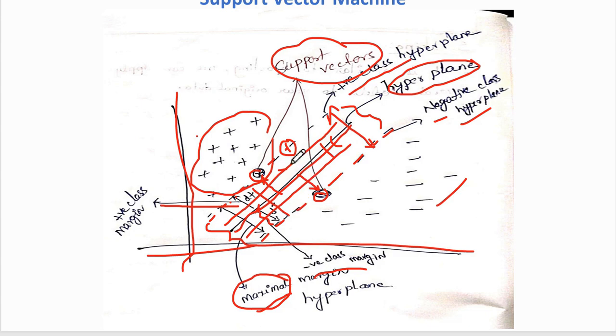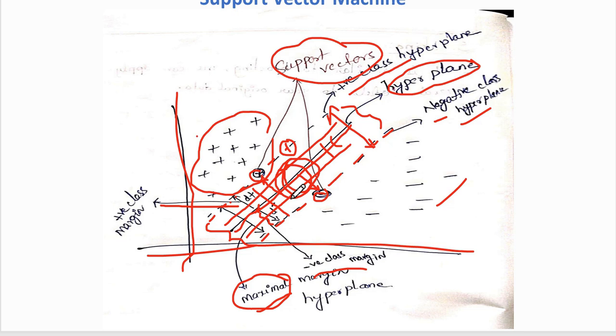If you consider this distance, there may be a chance of getting lower performance. That's why we are trying to find the maximal margin. How we find that maximal margin, we will discuss later in one more lecture with some mathematical concepts.